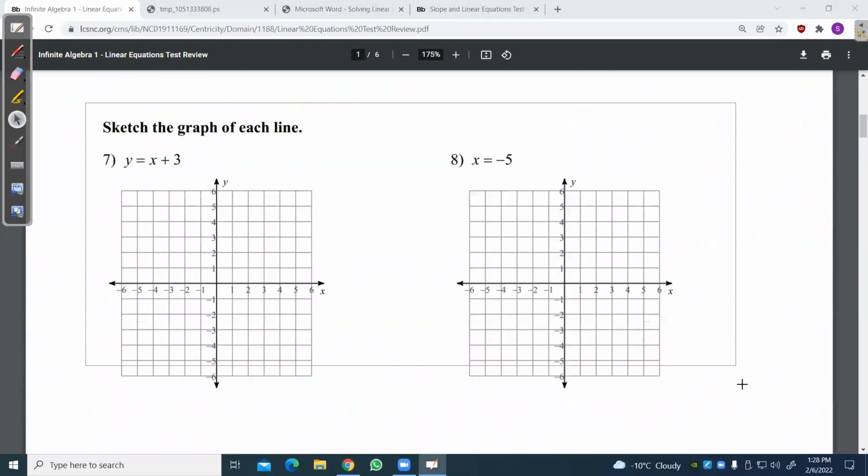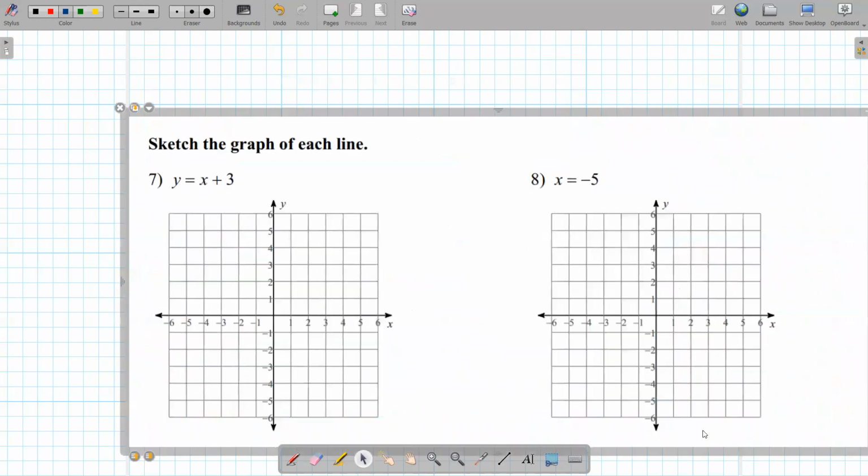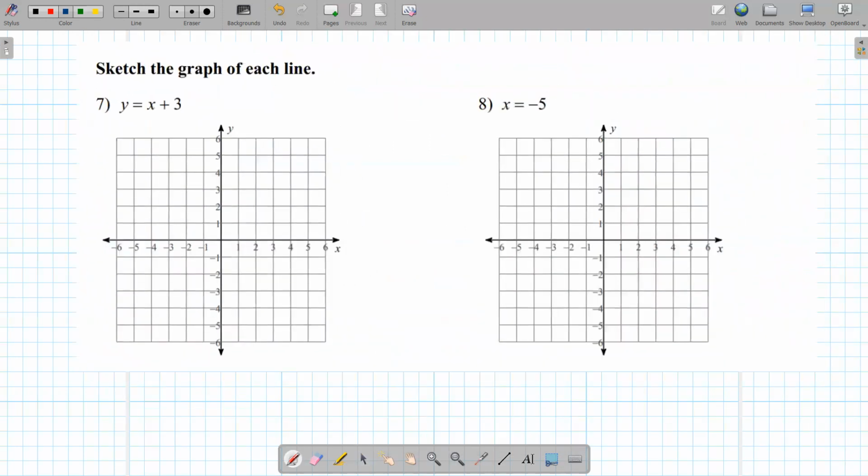Sketch the graph of each line. So let's look at 7. Where do we start for this? You start at 3. And then what do you do?